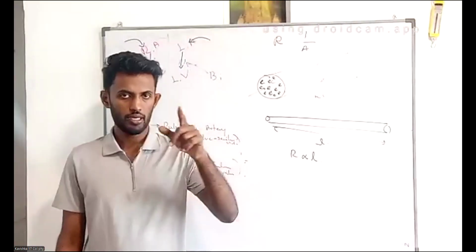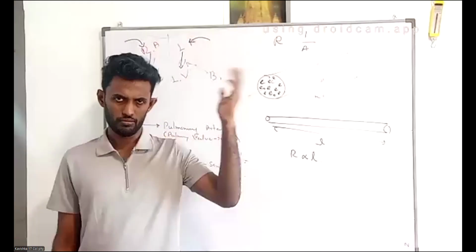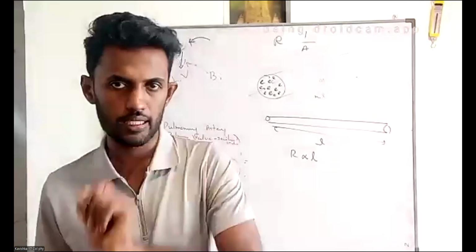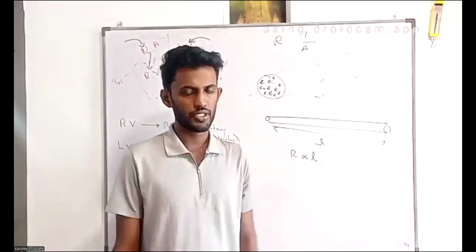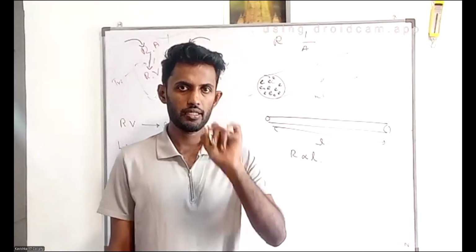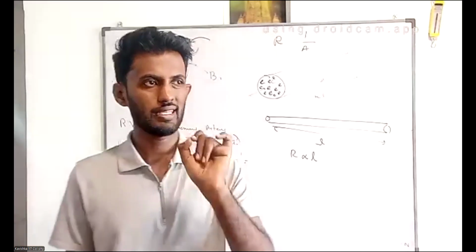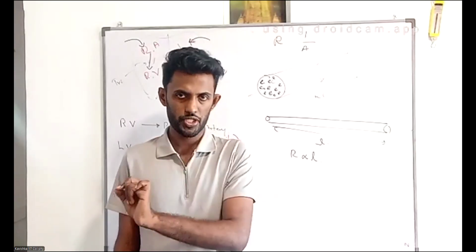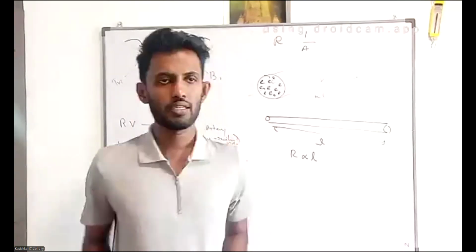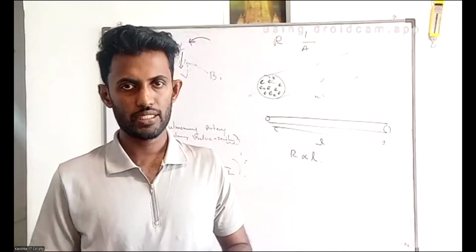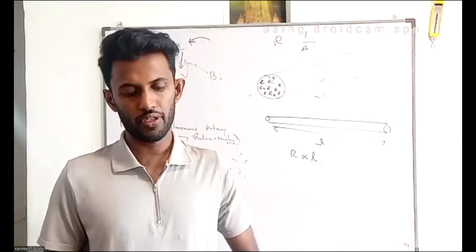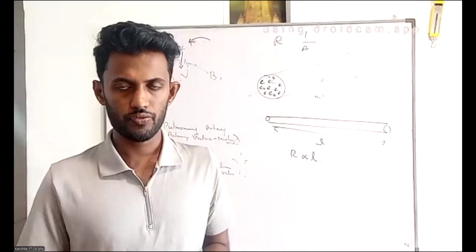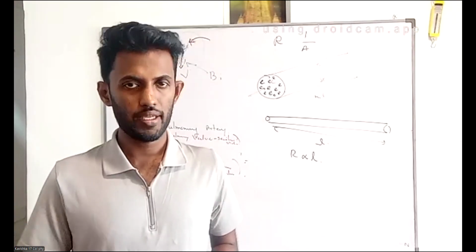The factors I asked you to write last week or before that, if you didn't write them, add them. What are the factors affecting solubility? For a gaseous solute, pressure and temperature matter. If the solute is liquid, then it's the nature of the solvent, nature of the solute and temperature.